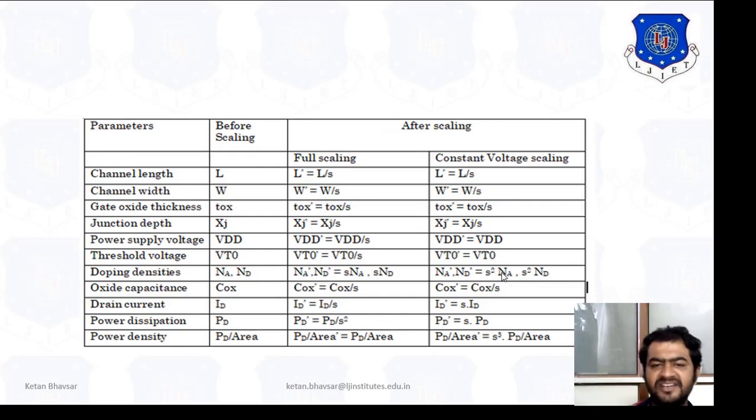Now as you can see, the comparison between full scaling and constant voltage scaling, because in the previous session we discussed this type of MOSFET capacitance and scaling. As you can see: L, W the channel length and channel width, gate oxide thickness, junction depth, power supply voltage VDD, threshold voltage VTO, doping density Na and Nd, oxide capacitance COX, drain current ID, power dissipation PD, and power dissipation divided by area.